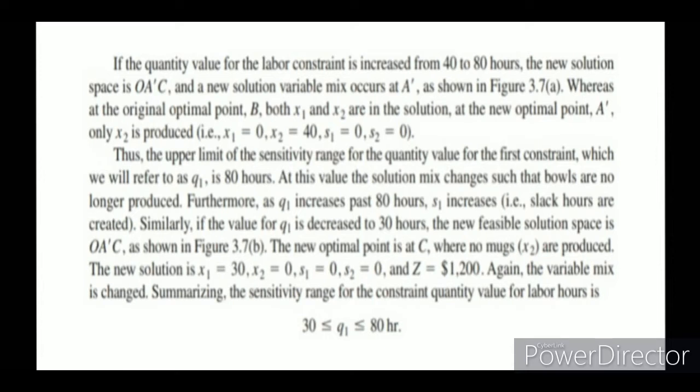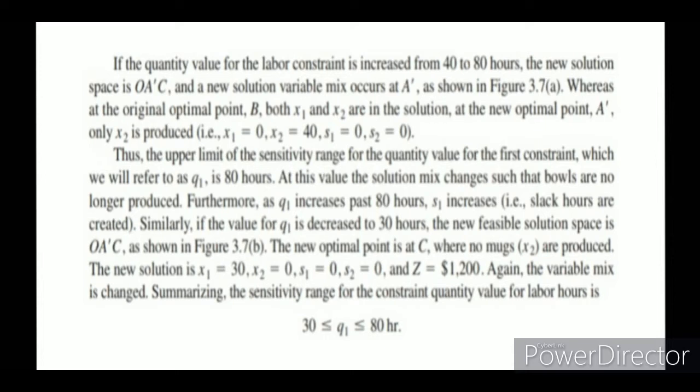Similarly, if the value for q sub 1 is decreased to 30 hours, the new feasible solution space is OAC, as shown in figure 3.7b, which will be shown later. The new optimal point is at C, where no mugs are produced.